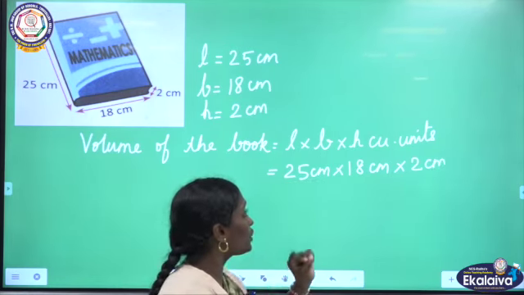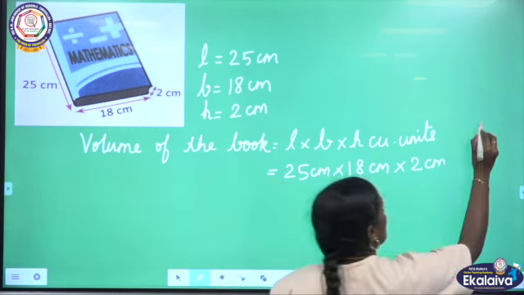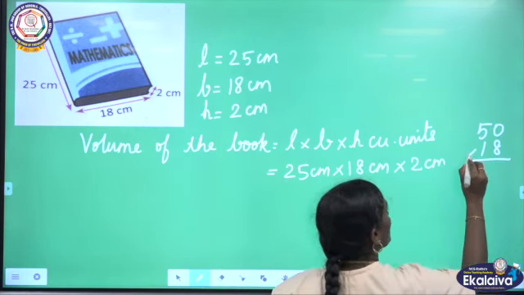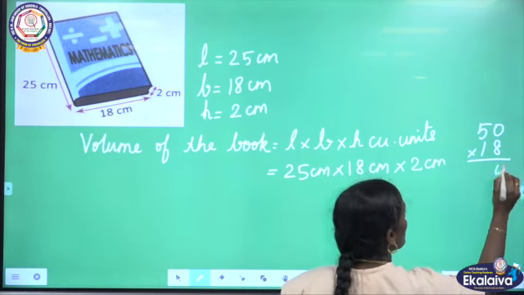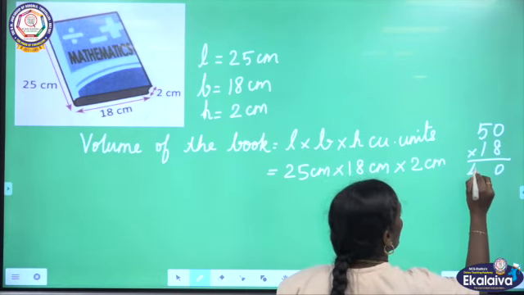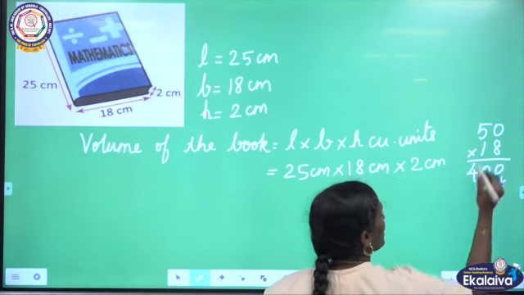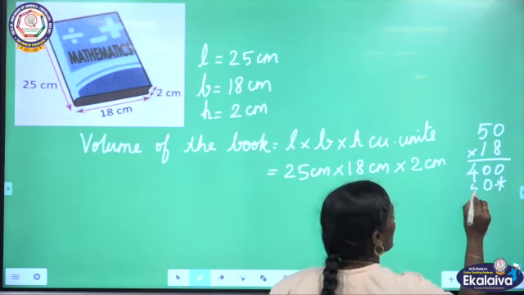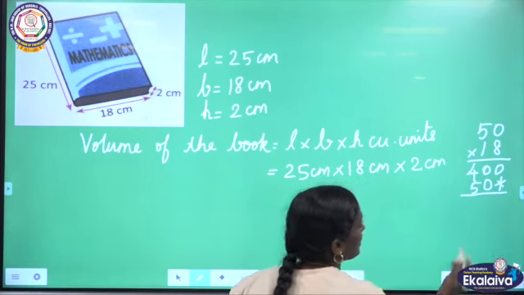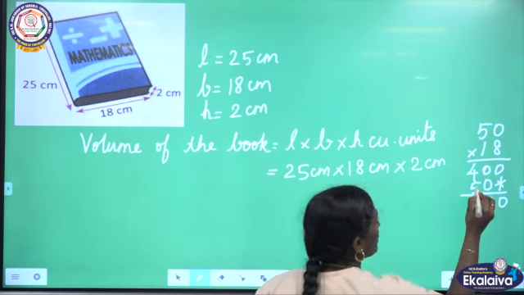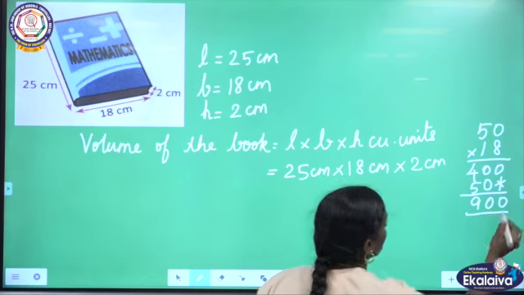Here 25 into 2 we will get 50. So 50 into 18. Now we have to multiply these two numbers. 8 into 0, 0. 8 5s are 40. Then we have to leave the ones place. While multiplying a number by 1, we will get the same number. So here 0, here 0, here 5 plus 4, 9.